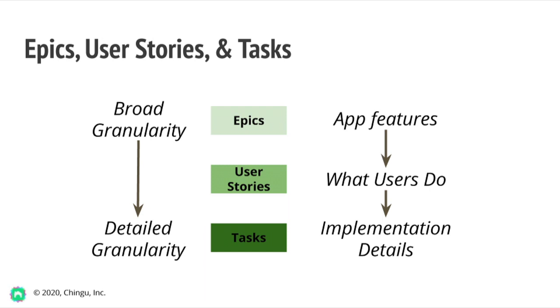As you can see, epics are extremely broad, tasks are very detailed, and user stories are somewhere in between. You will always have more user stories than epics and more tasks than user stories. And this is because each level refines the concepts created in the level above it.